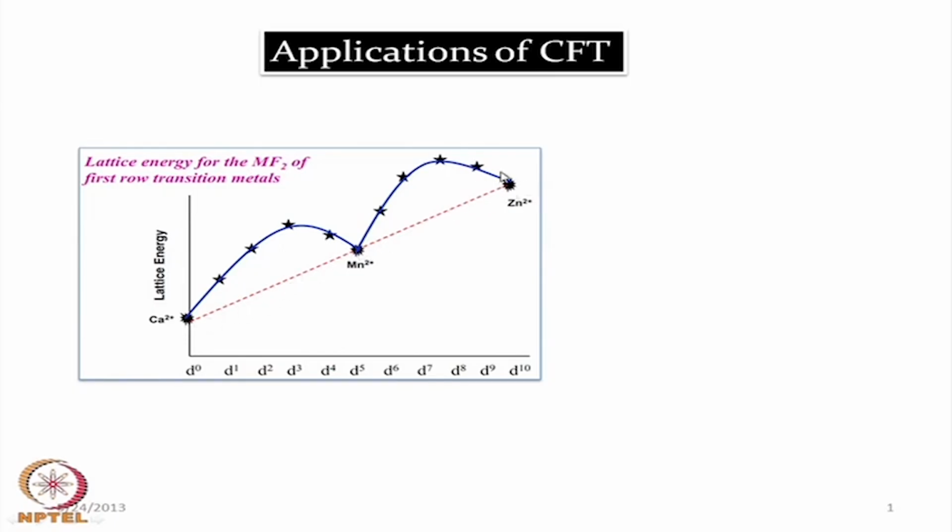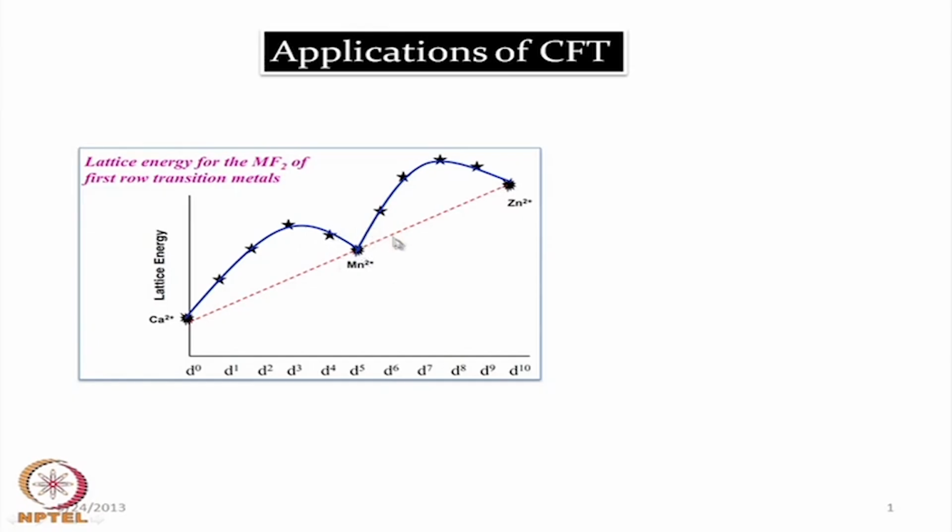This red dotted line is related to the lattice energy increase where we do not have any crystal field contribution. That is why it falls on a straight line which is monotonically increasing from calcium to manganese, manganese to zinc. That means manganese 2 plus will not show any such contribution towards the lattice energy term.